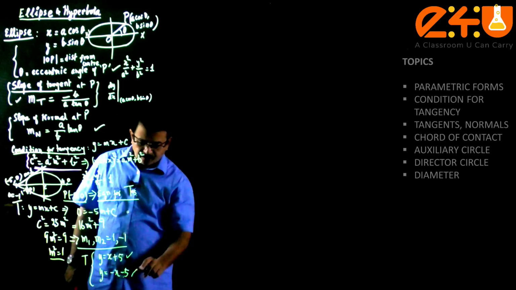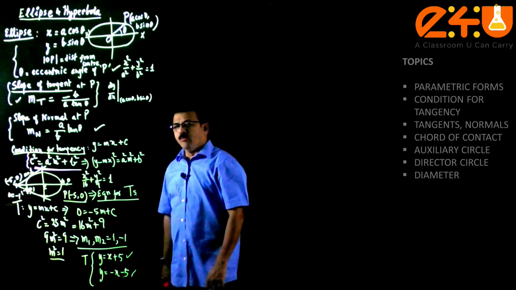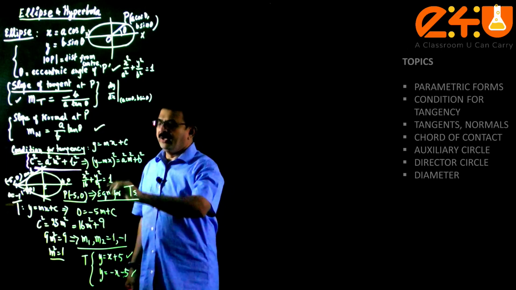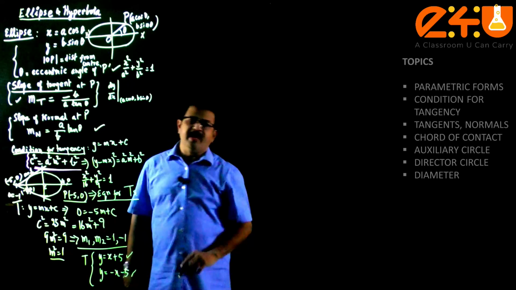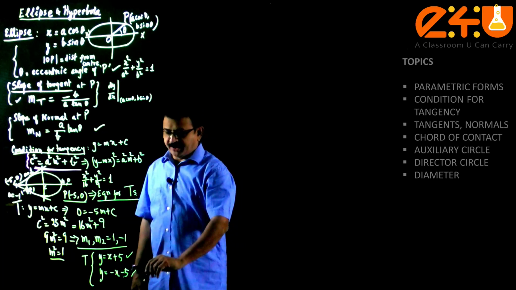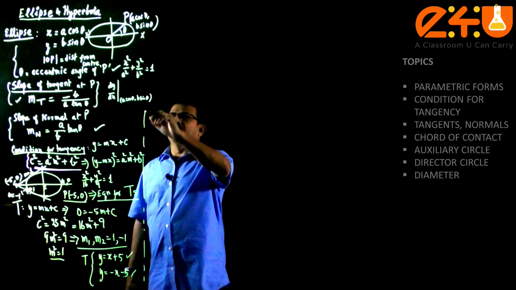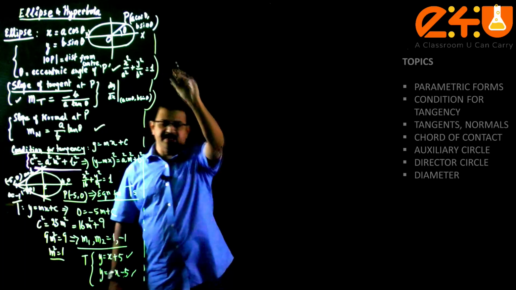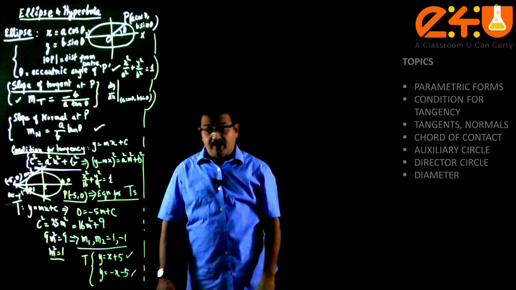So I am able to write the equations of both the tangents from this idea of c squared equal to a square m square plus b square. It always gives you the equation of both the tangents, not only one.